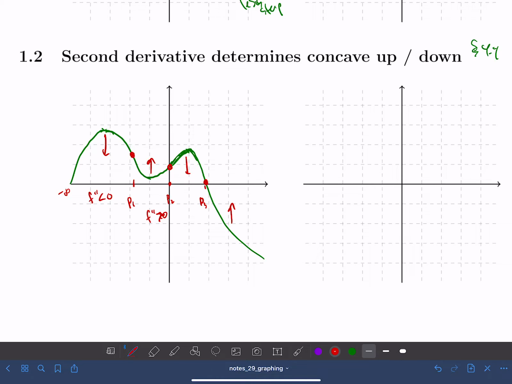In the next interval, from P2 to P3, my function is concave down, which means that the second derivative is less than 0. And then from P3 to infinity, we've got an upward facing concavity arrow, which means that f double prime is bigger than 0. So I'm going to replicate the positions of my inflection points.